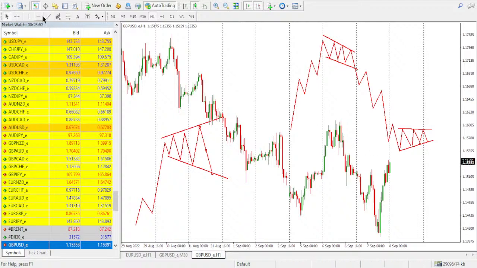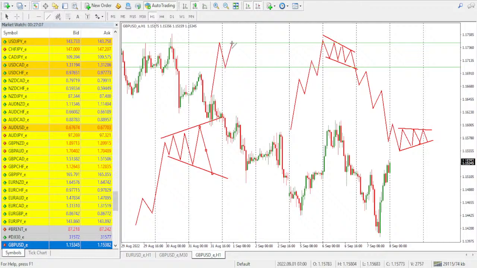The other pattern which you're supposed to look at is the rectangular formation or triangular formation. So the rectangular formation is where the price goes between two lines, then it begins to consolidate within those two lines. It fails to break above it, it fails to break below it, then it fails to break above it, and then it fails to break below it.